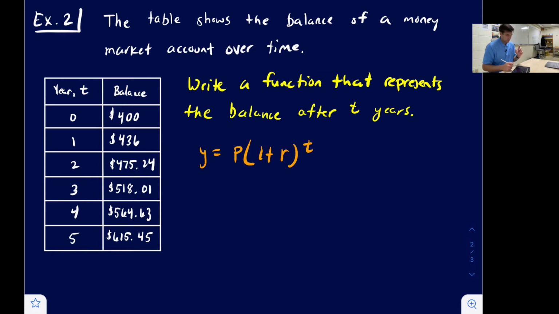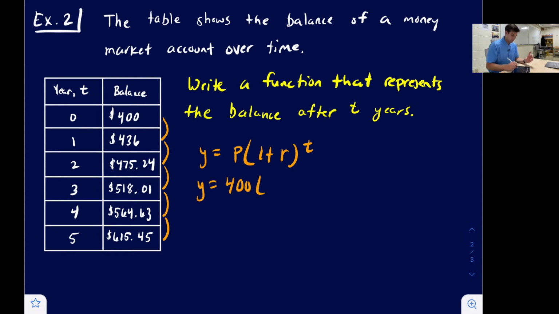Now, in order for us to figure out what our r value is, our rate that we're growing by here, we have to look at our balance. How is our balance changing? Okay, so we know that when we go from 400 to 436, we're multiplying by our growth factor. So we can go ahead and fill in our principal amount, which is 400.